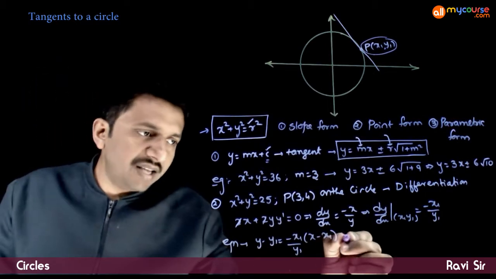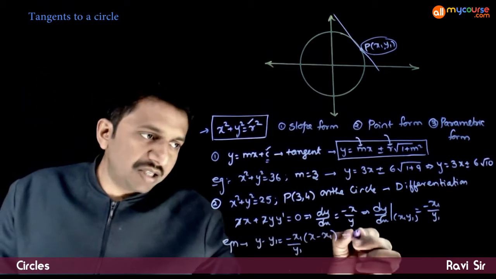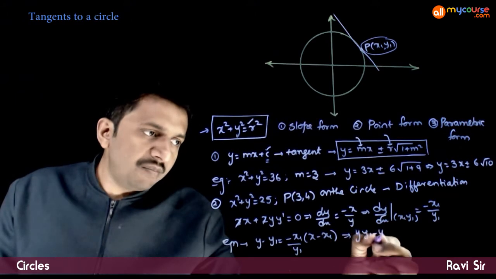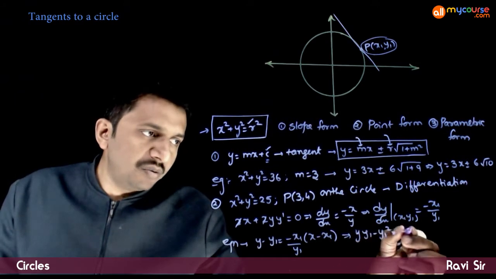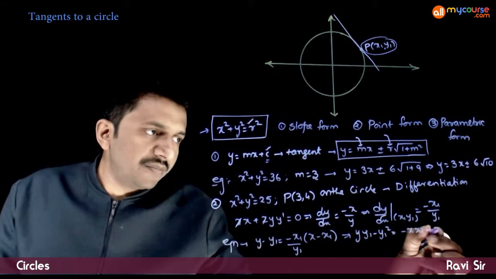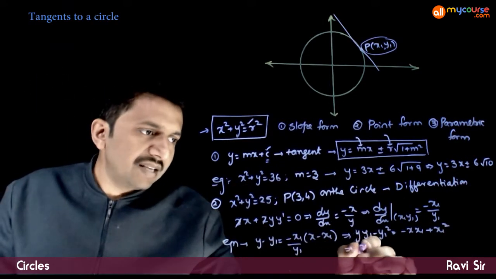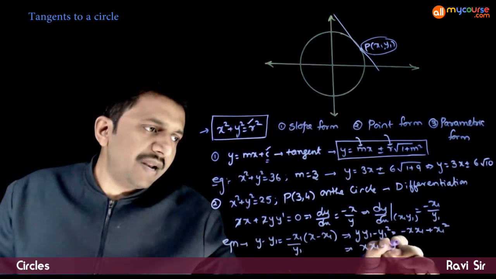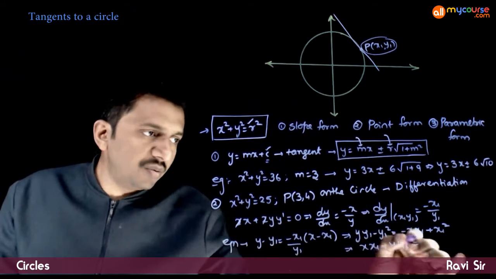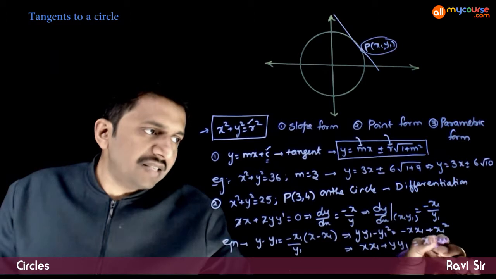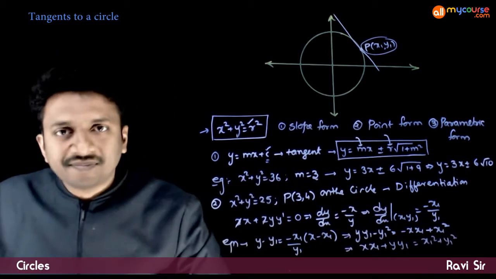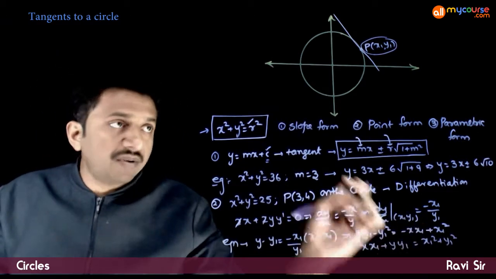If you simplify this, by cross multiplication, y y1 minus y1 square is equal to minus x x1 plus x1 square. This implies x x1 plus y y1 is equal to x1 square plus y1 square.